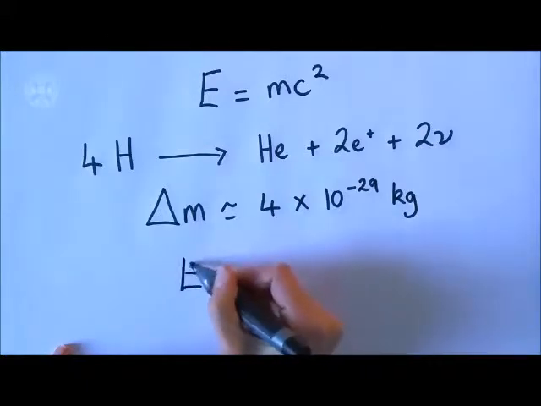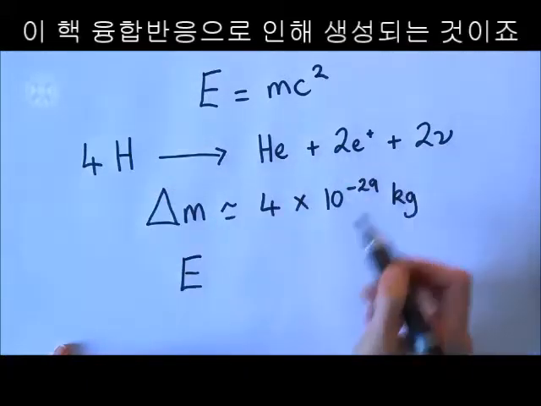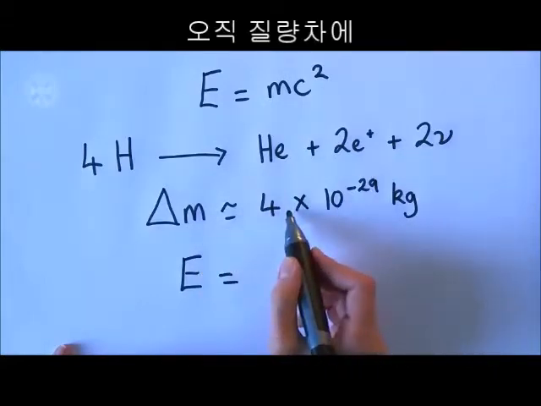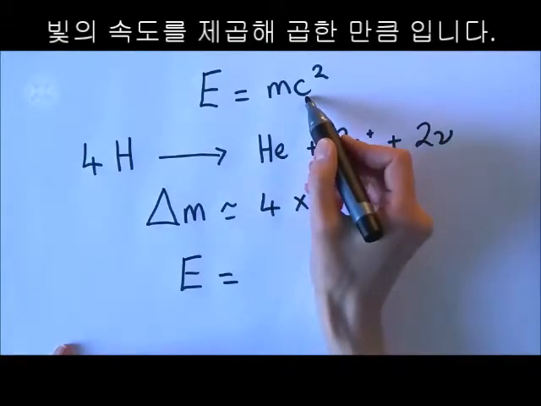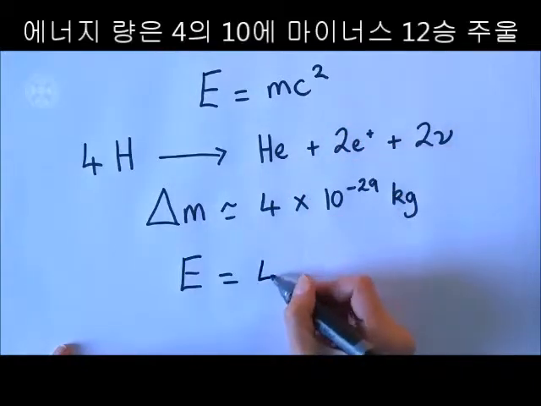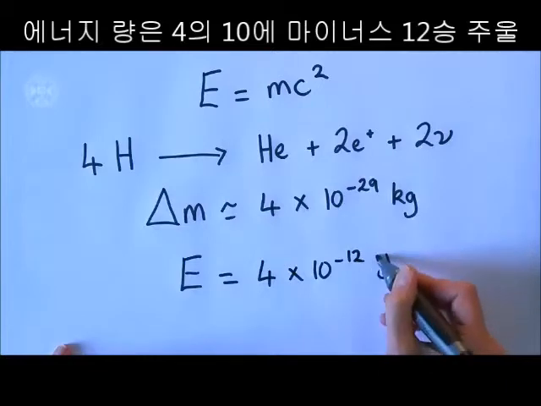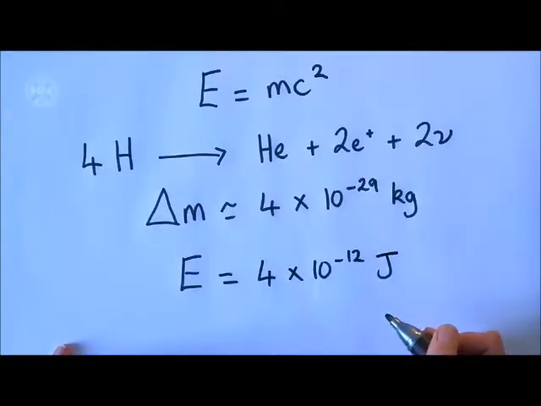So the energy that's produced in each one of these fusion reactions is just the change in mass times the speed of light squared, which is 4 times 10 to the minus 12 joules, or 1/trillionth of a peanut.